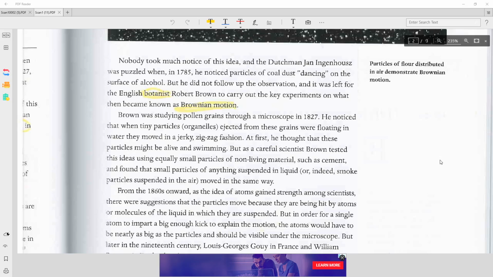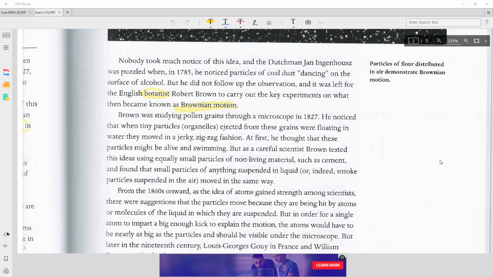Brown was studying pollen grains through a microscope in 1827. He noticed that when tiny particles, organelles, ejected from these grains were floating in water, they moved in a jerky, zigzag fashion. At first he thought that these particles might be alive and swimming.